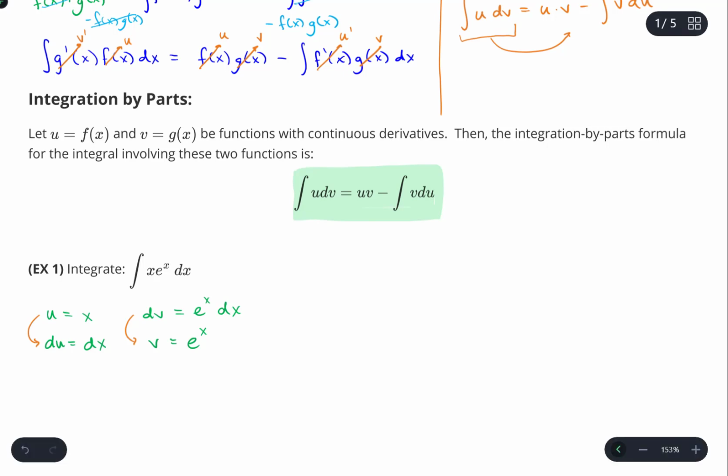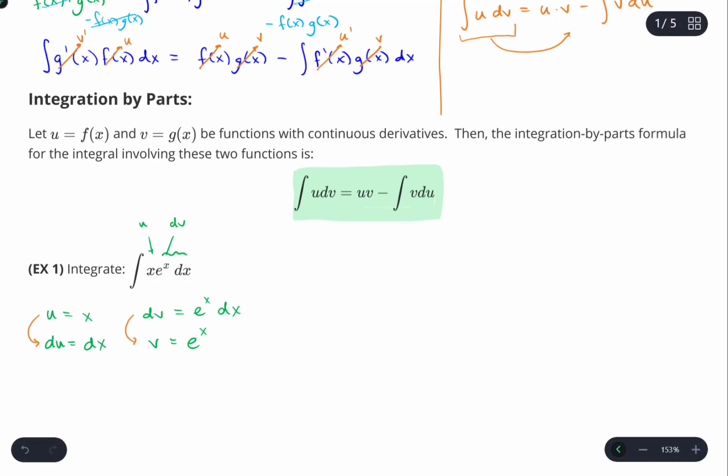Now, again, I'm letting u be x, and e to the x dx is dv.